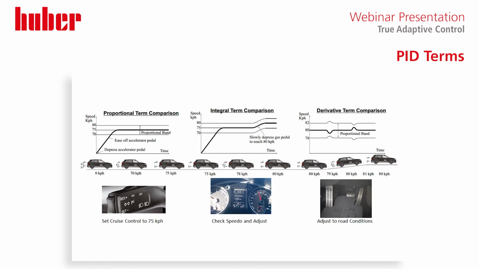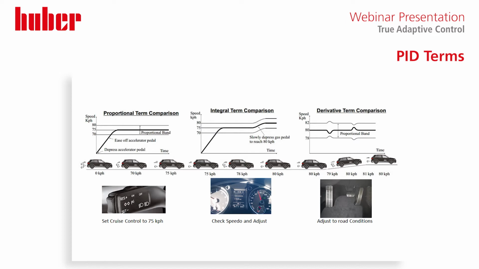And our final one is our D, derivative, where we're truly going up a hill from a flat. So we'd set our cruise control, get up to 75, 80 kilometers an hour, and then we've got to look at the road ahead. Are there potholes? Is there a bend?